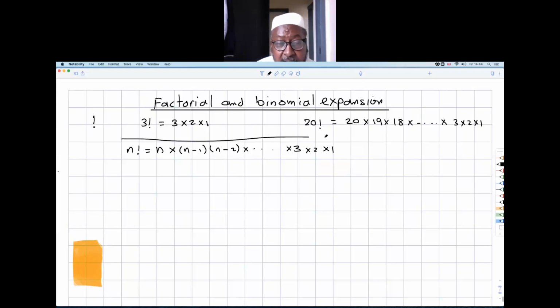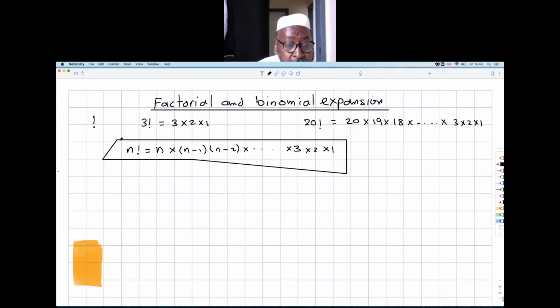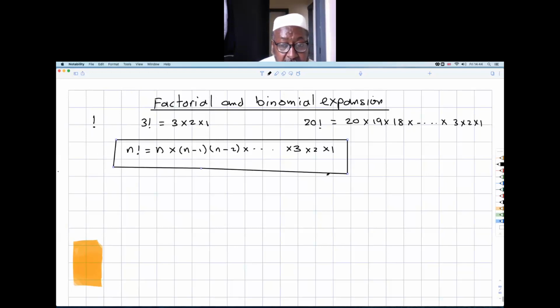This here is the rule you should be understanding. This is the rule of the factorial.